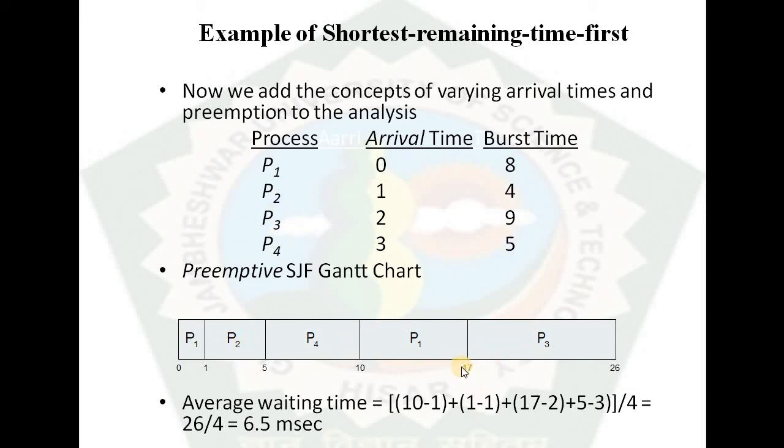P3 has to wait for 17 milliseconds, but P3 itself comes after 2 milliseconds of total time, so 17 minus 2 is the waiting time of P3. Lastly P4: P4 has to wait for 5 milliseconds, but P4 comes into the system only after 3 milliseconds of total time, so 5 minus 3 is the waiting time of P4. Divided by 4, it comes to 6.5 milliseconds, which is the average waiting time of this system.